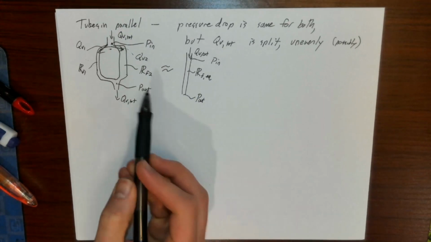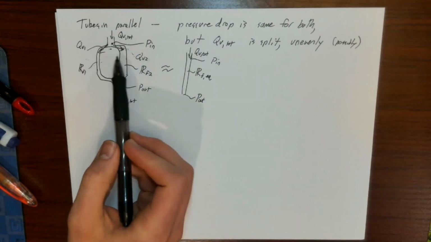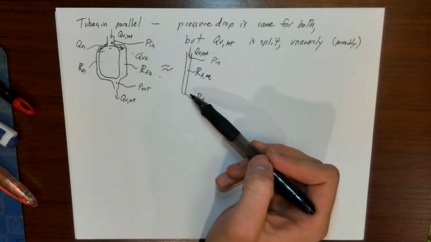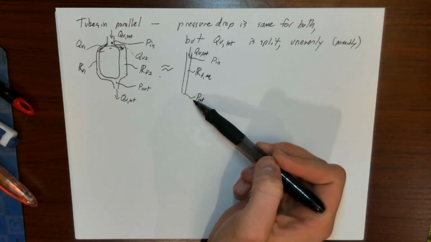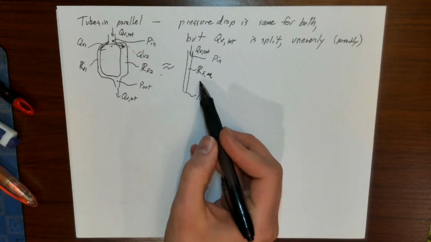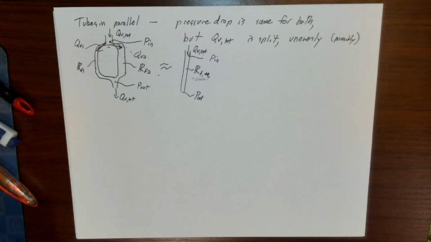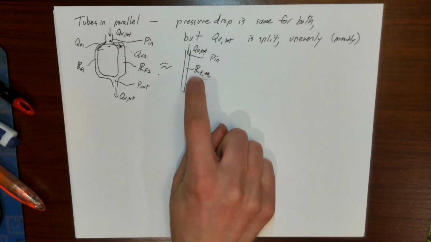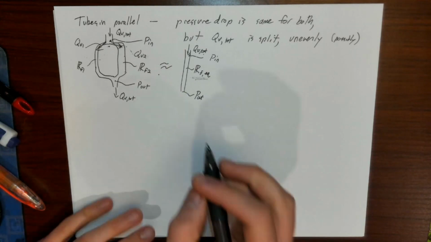So if I just care about the relationship between volumetric flow rate and the pressure drop, could I take these two fluidic resistances and express them in terms of an equivalent resistance that gives the same result? Let's see if we can work out an expression for this equivalent fluidic resistance.